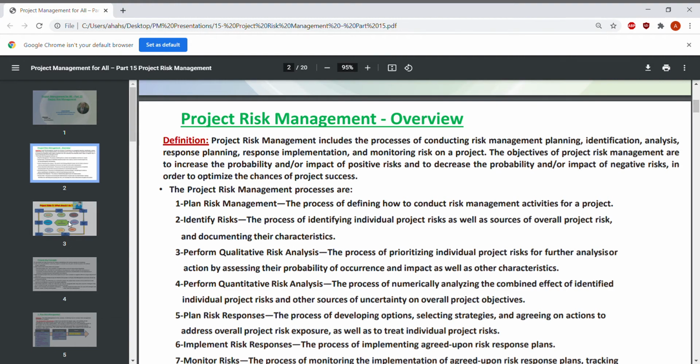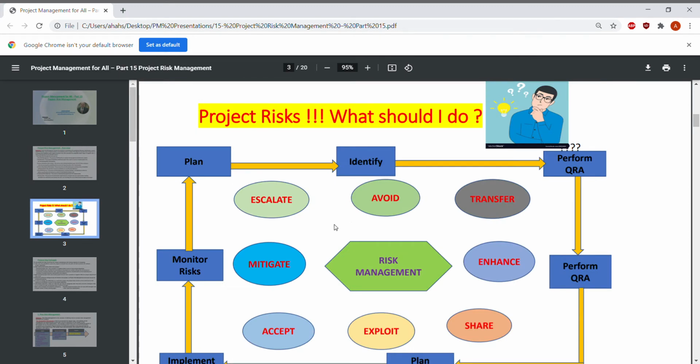So this is also an overview of the project risk management.